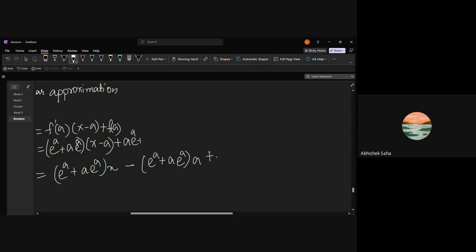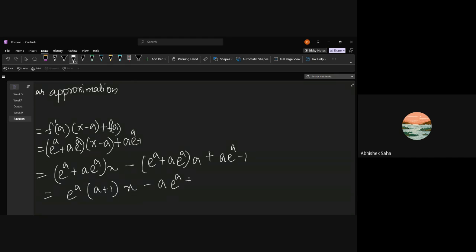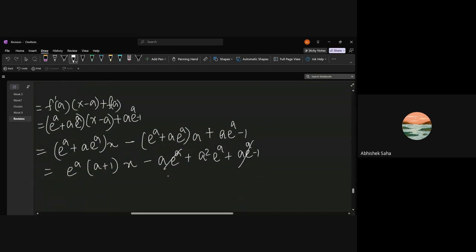Take e to the power a common: a plus 1 x minus a e to the power a plus a square e to the power a plus a e to the power a minus 1. This term will cancel out.